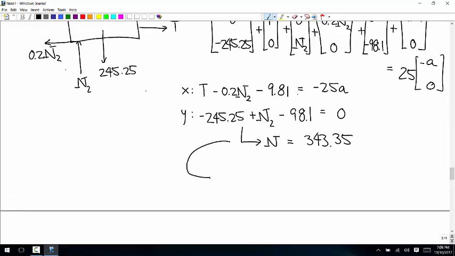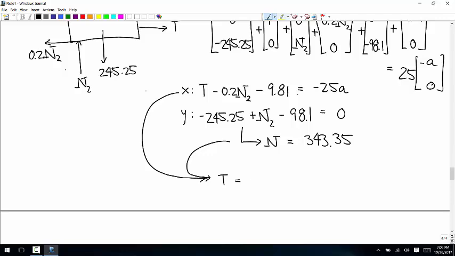And then combine that with the x equation, and you get T is equal to... What's 0.2 times 343.35? 68.67. Cool.